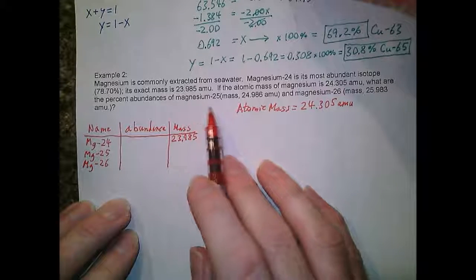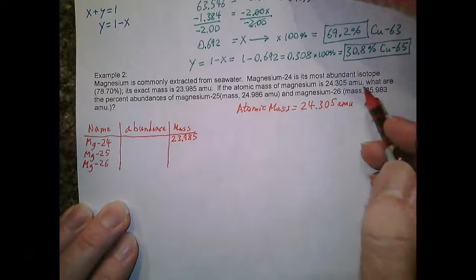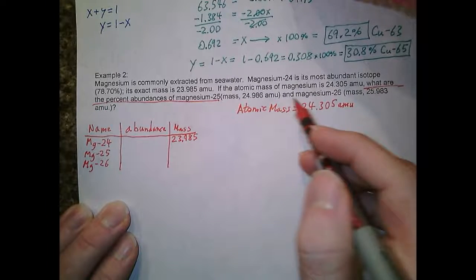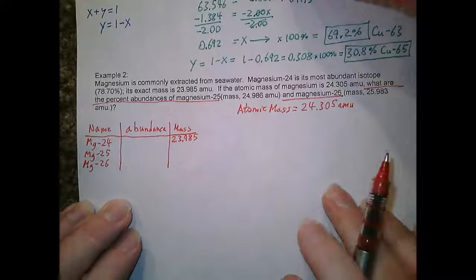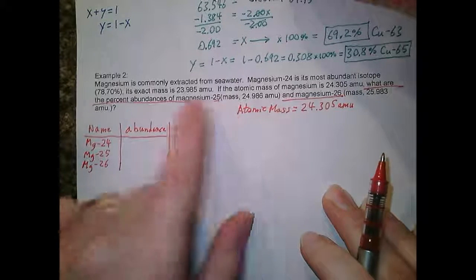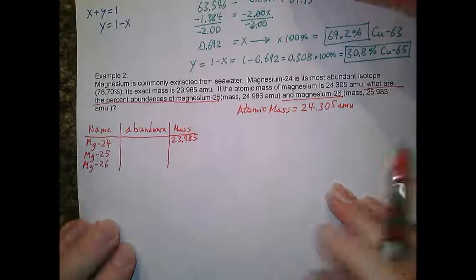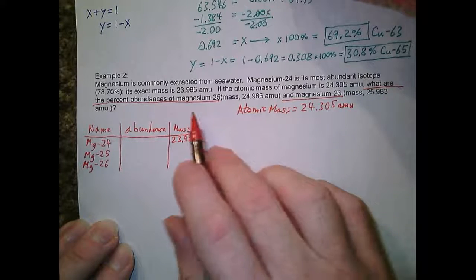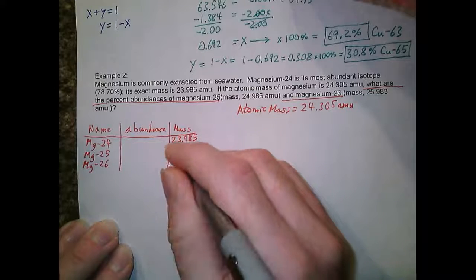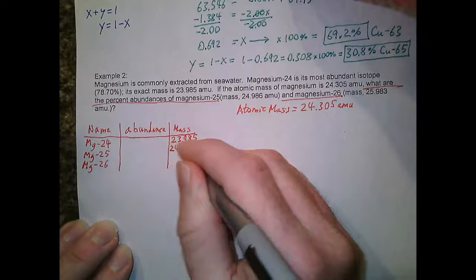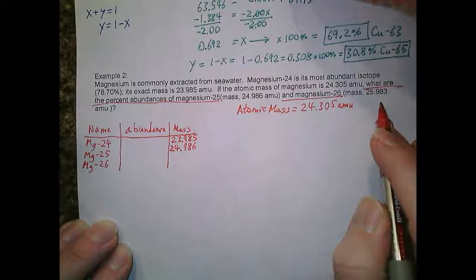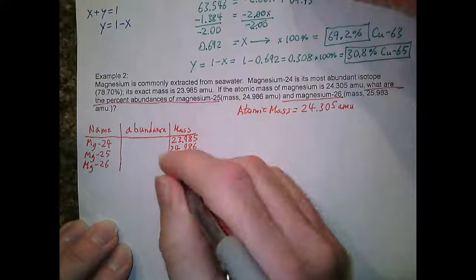And this is what it asks for. What are the percent abundances of magnesium 25 and magnesium 26? And then it gives us masses. The mass of magnesium 25 is 24.986. And magnesium 26 is 25.983.